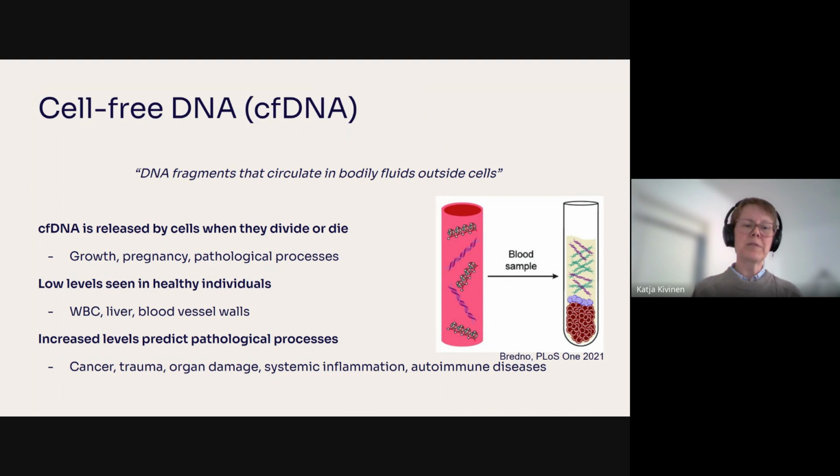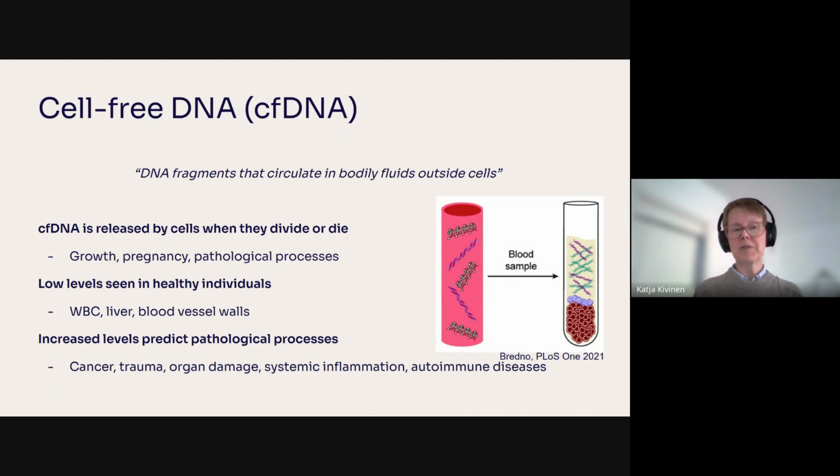And then in some pathological processes, especially in cancer, but also in some systemic inflammation, for example, some autoimmune diseases. Of course, if there's trauma or surgery, a lot of DNA is released in the circulation as well. So then the levels will be elevated.